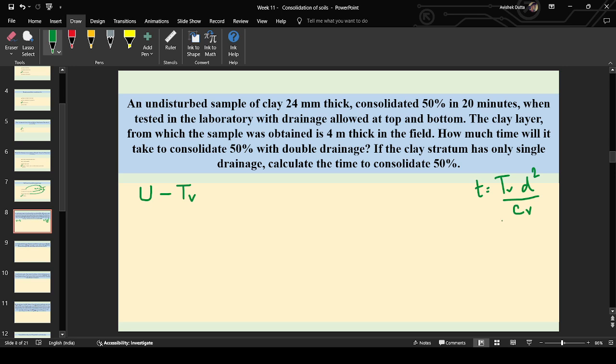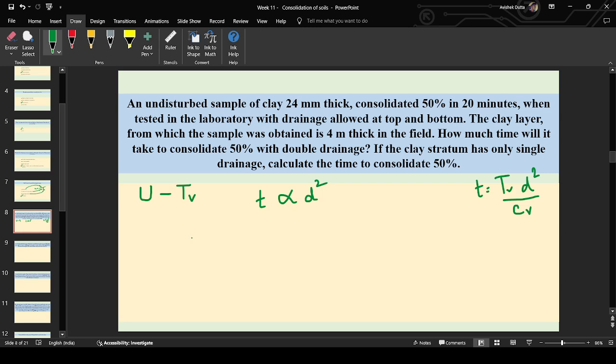Now when Tv is the same, and the soil is also the same, I have collected the soil from the field, so cv will be the same. So for the same Tv and cv, time is directly proportional to the square of the drainage length.